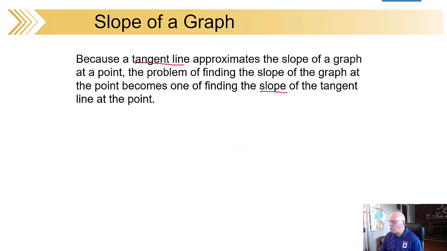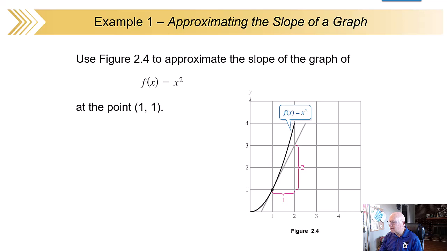We can't use 1 point and get a slope. So what do we do? Well, one way to approximate the slope is take that point and then go over 1 unit and up somewhere close on that tangent line.